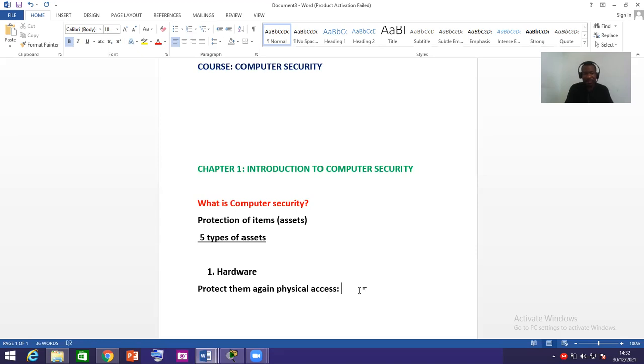Just by having a USB, when I can touch your computer, I can bypass your password. So whatever you are using, even at home, your personal laptop or phone, make sure nobody has physical access to it.